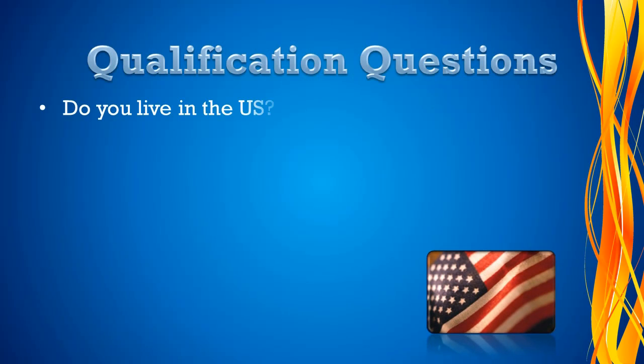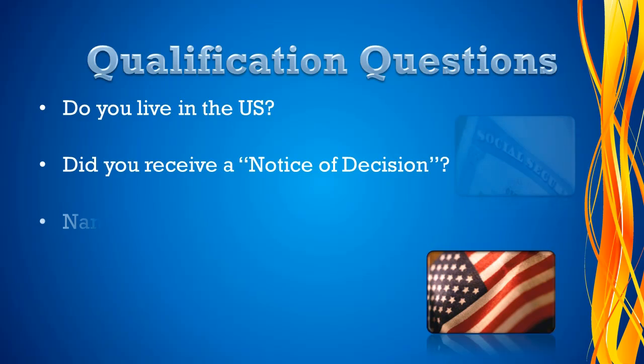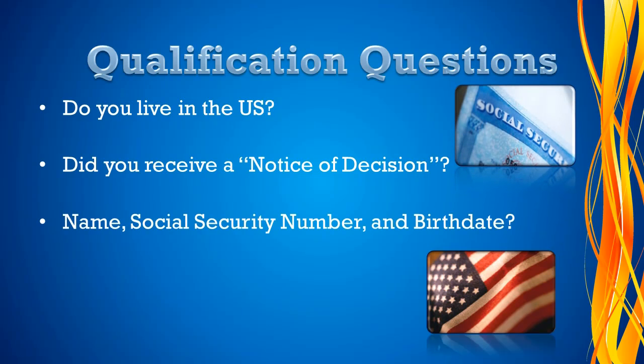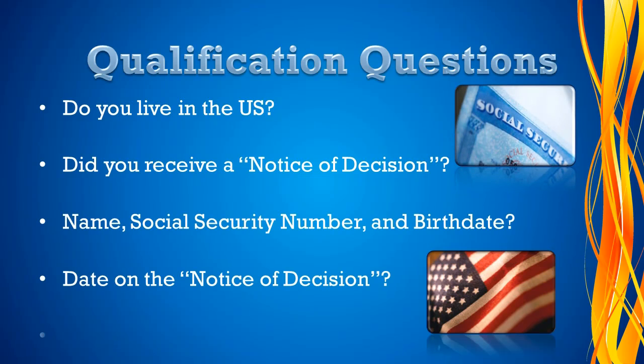Do you live in the United States or one of its territories or commonwealths? Did you receive a notice of decision? Name, Social Security number, and date of birth. The date on the notice of decision you received, and zip code. These answers will provide Social Security with the information they need regarding your eligibility for the online appeal.